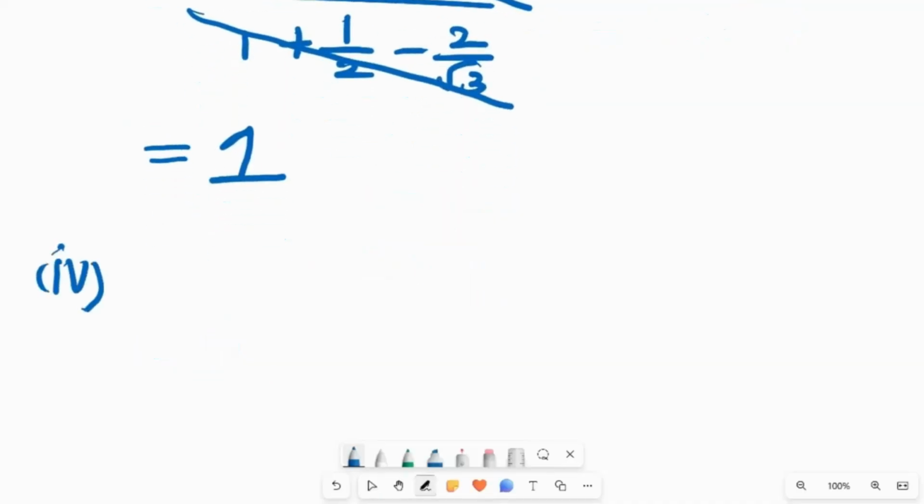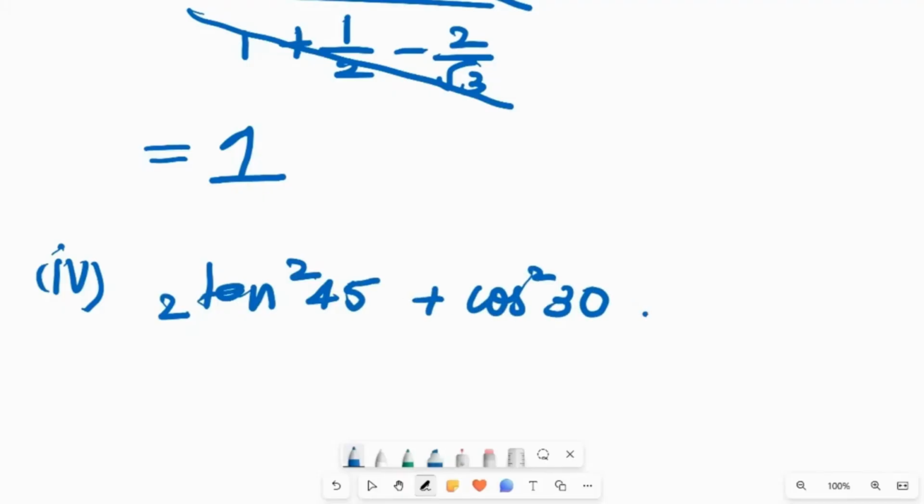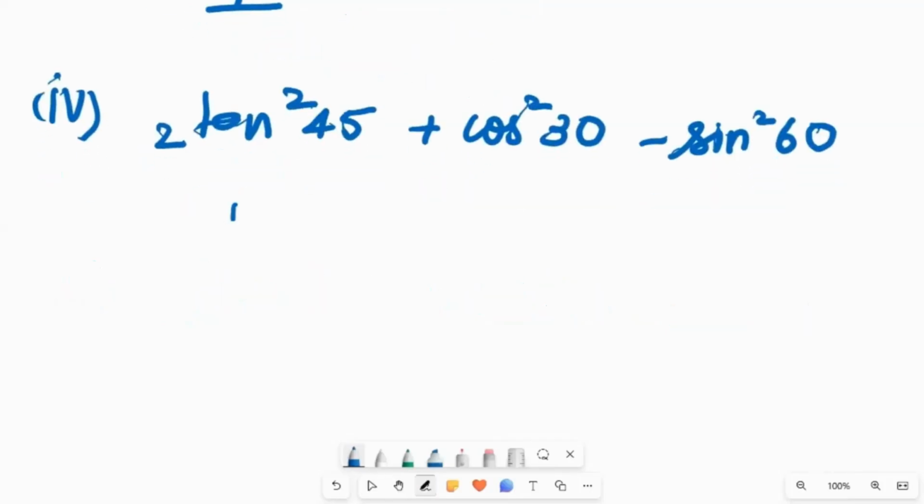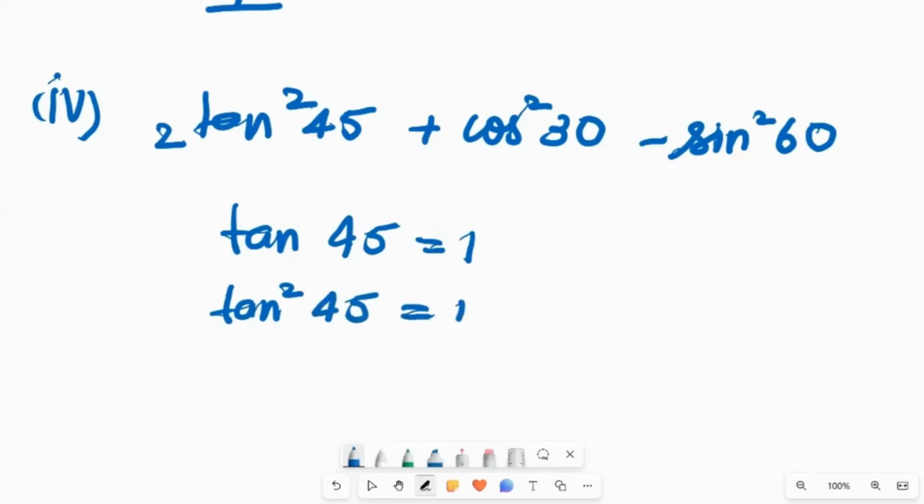Next, fourth one, we have 2 tan square 45 plus cos square 30 minus sin square 60. We know that tan 45 is equal to 1. Therefore, tan square 45 is also equal to 1 because 1 square is 1.